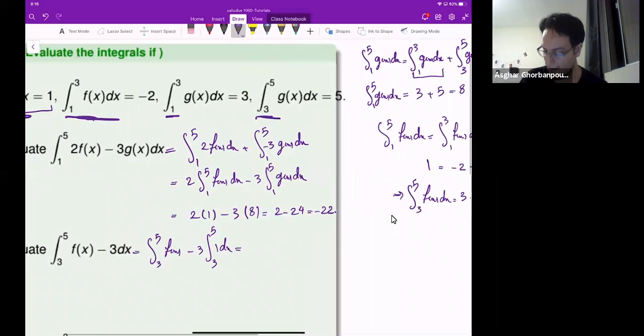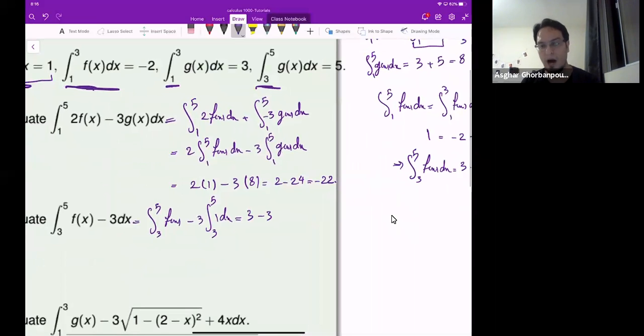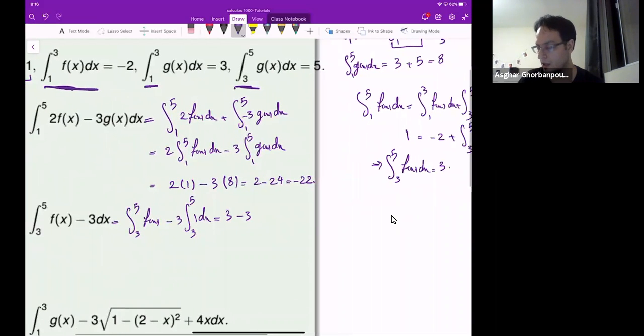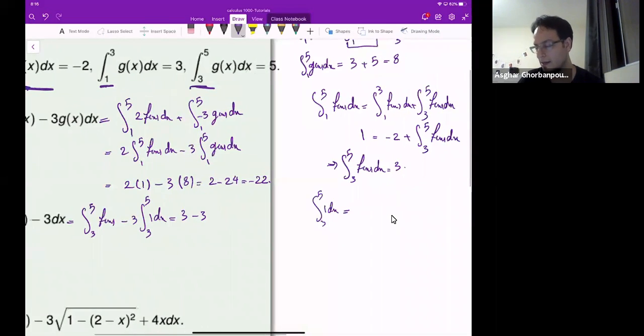So I have 3 for the first one, minus 3. What is integral of 1 dx? Integral of 1 dx from 3 to 5, isn't that a positive function? 1 is the constant positive, and you go from 3 to 5.